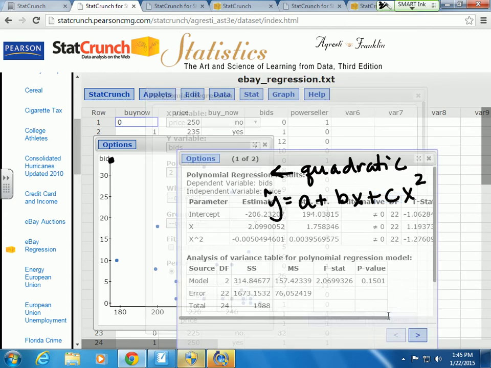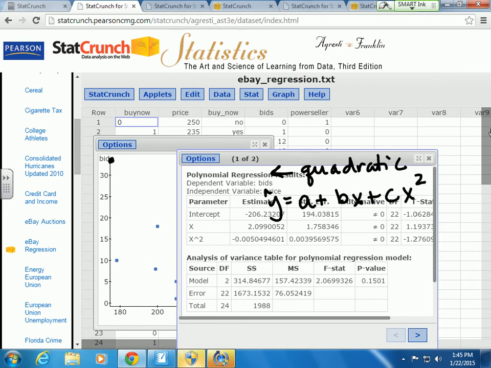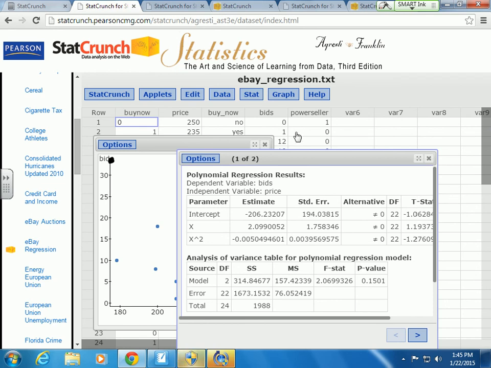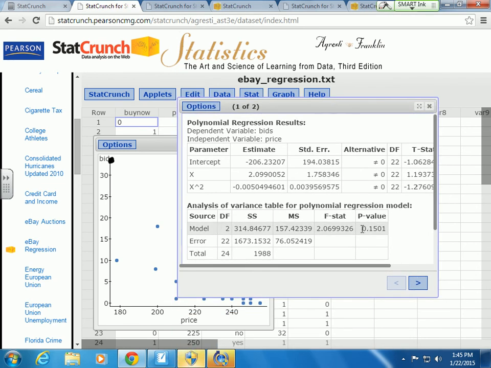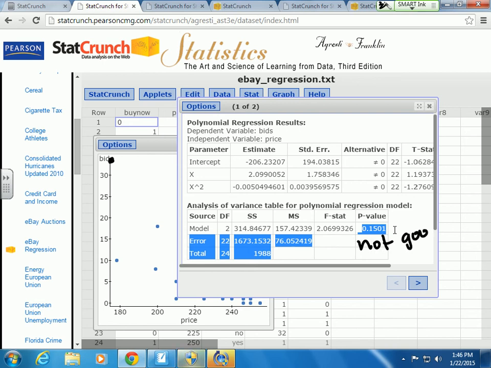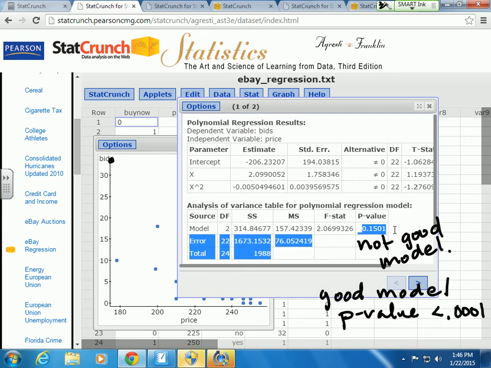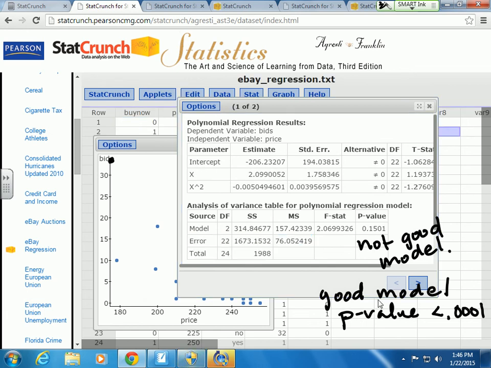If we watch it happen, we can see that, again, it's not a good model. A good model has a p-value less than 0.0001. So we will talk about those p-values, but I just wanted to run through some more detailed examples than what is located in your textbooks.